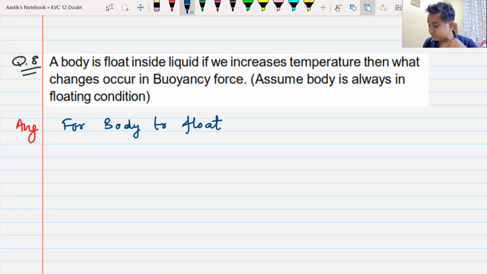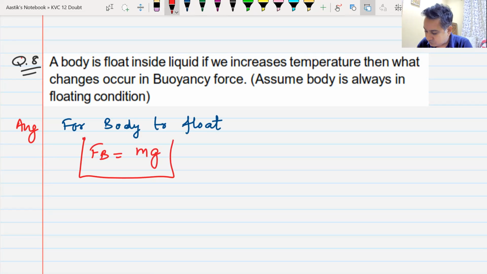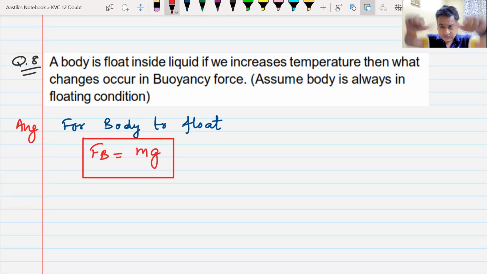For a body to float, the condition is very simple. The buoyant force must be equal to mg. Yes or no? Do we understand this? Yes, sir.